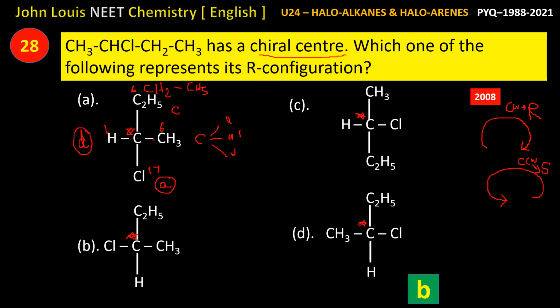So this carbon is bonded to 2 hydrogens and then to another carbon, which has atomic number 6, and the 2 hydrogens have atomic number 1 only. Therefore C2H5 is preferred to CH3 because the carbon is bonded to the next carbon having higher atomic number. Here only hydrogens are bonded, which have lower atomic number. Therefore C2H5 is preferred to CH3. Therefore C2H5 is B and CH3 is C.